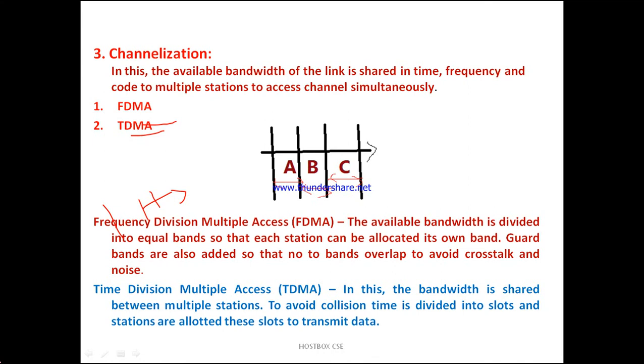That means there will be a time slot for A, a time slot for B, and a time slot for C, as in the diagram. Within that particular time, data will be transmitted. So in channelization, the available bandwidth of the link is shared in time, frequency, or code among multiple stations.